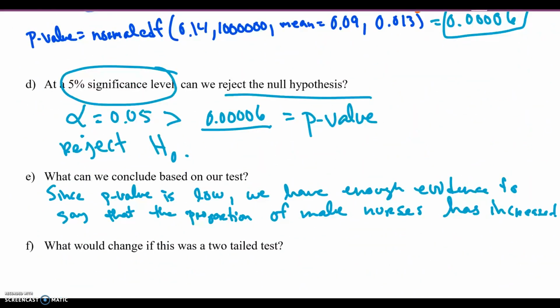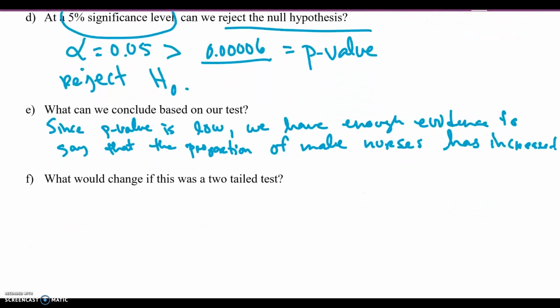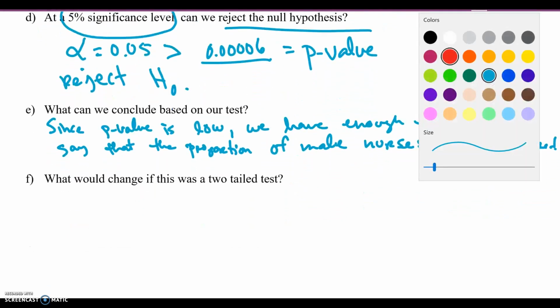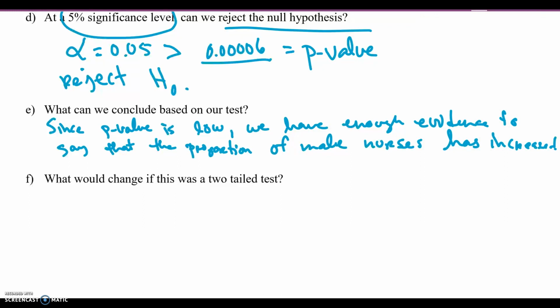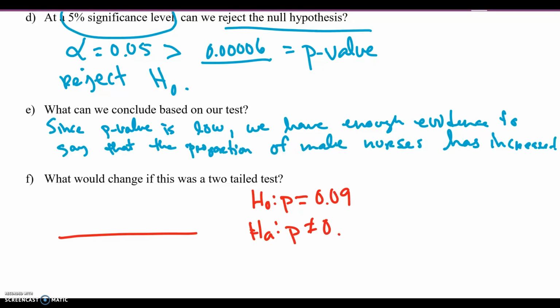Now my next question, which is actually a really good question, is what would change if this was a two-tailed test? So instead of being a one-tailed test, what if our null hypothesis looks something like this: p is equal to 0.09, and Ha is p is not equal to 0.09. Well, p is here, 0.09. Now we no longer just have this on the right-hand side, we also have it on the left-hand side.